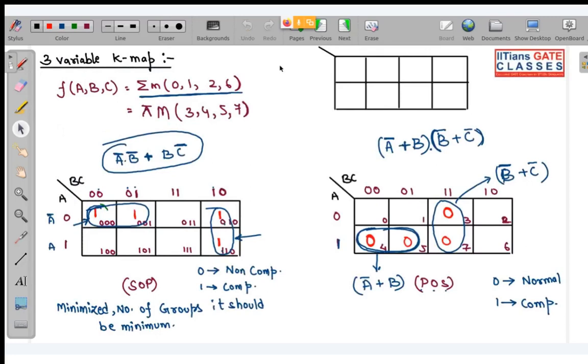So very quickly note it down. Is it noted?